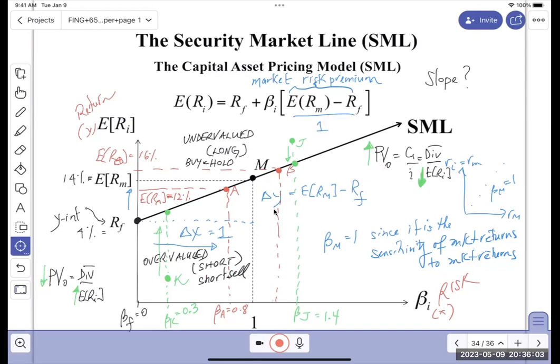If you're not on the line, then depending on what you're being asked to do, you have to explain what action you would take. If your asset is below the line where it should be, then this is an overvalued asset and you should short. If it's above the line, it's an undervalued asset and you should long it.